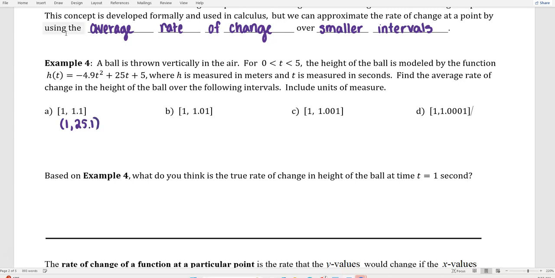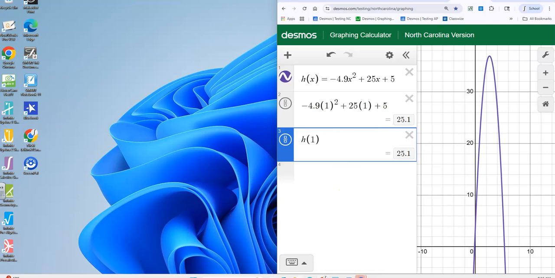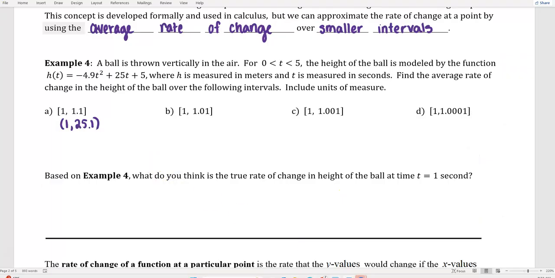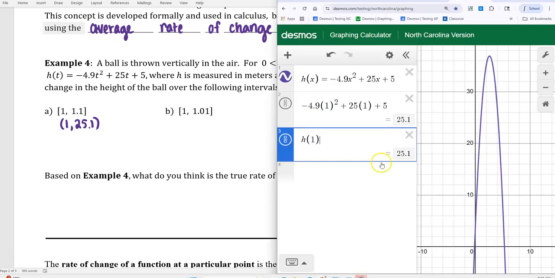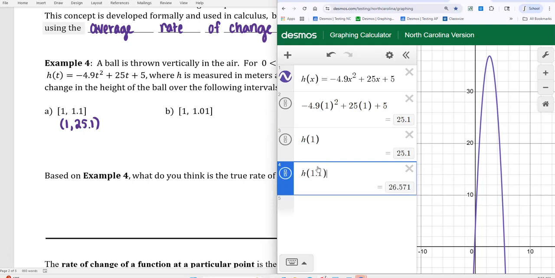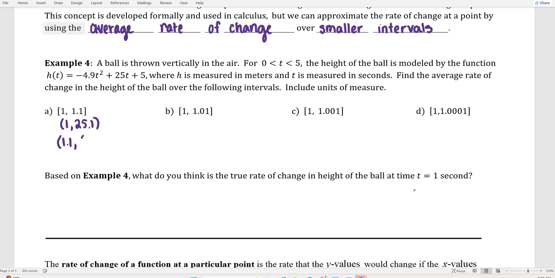(1, 25.1). And then I need to do h of 1.1. So that gives me 26.571. So I've got the point (1.1, 26.571).